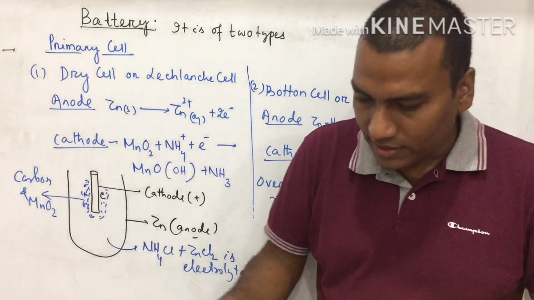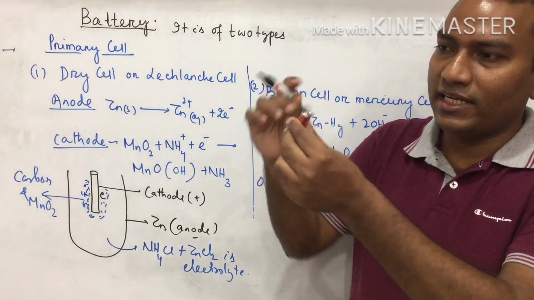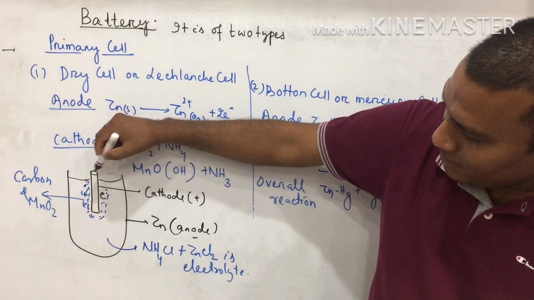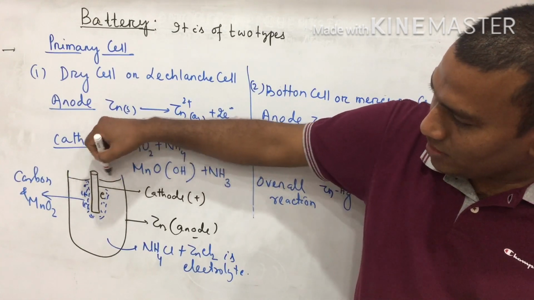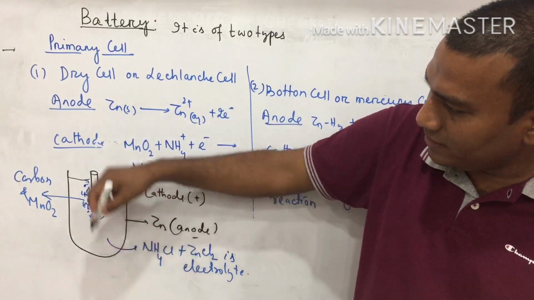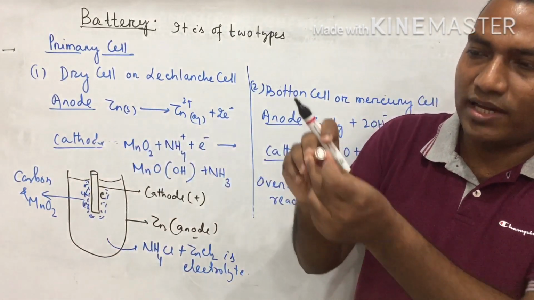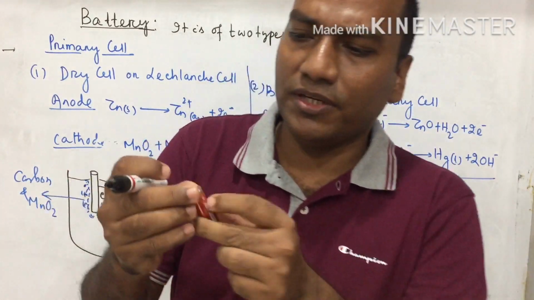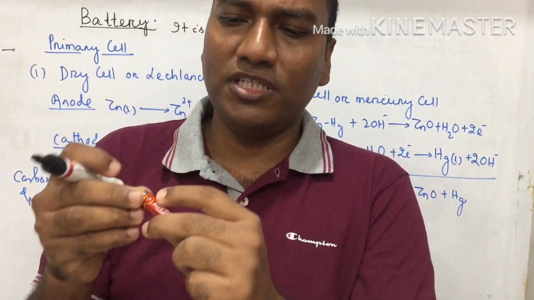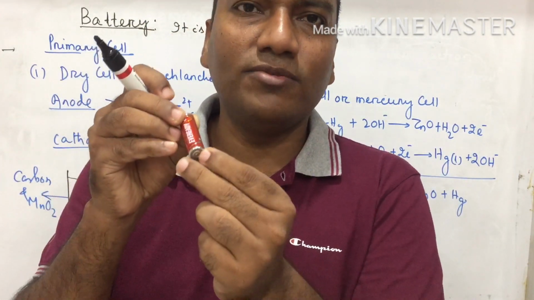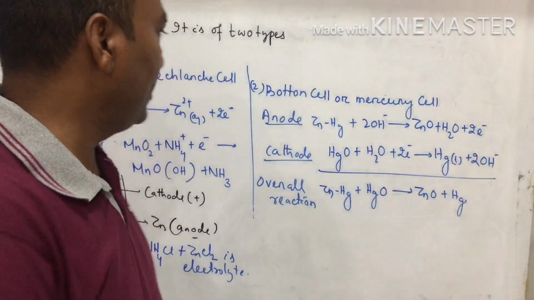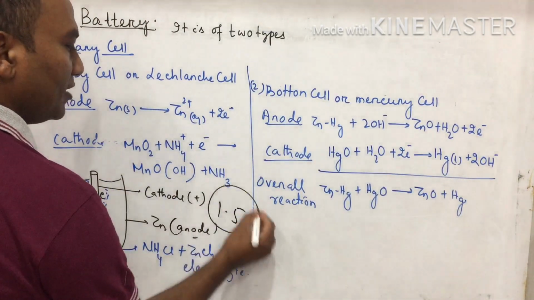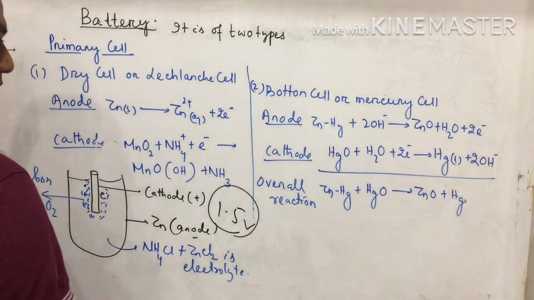In the battery available in our market, you see the outside part like this, filled with the paste, and above this there is a cap. In this cap it is written positive, and the outside is negative. And in this cell, the potential difference is 1.5 volt.